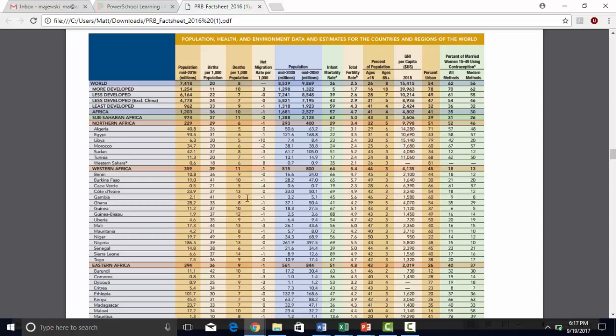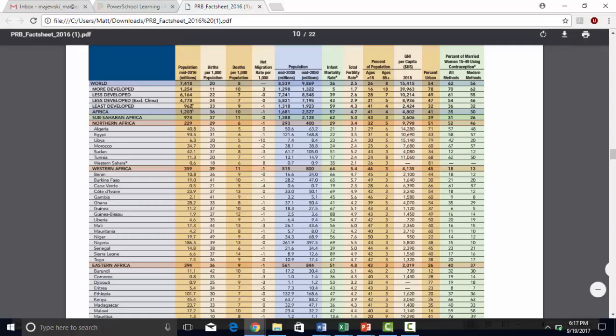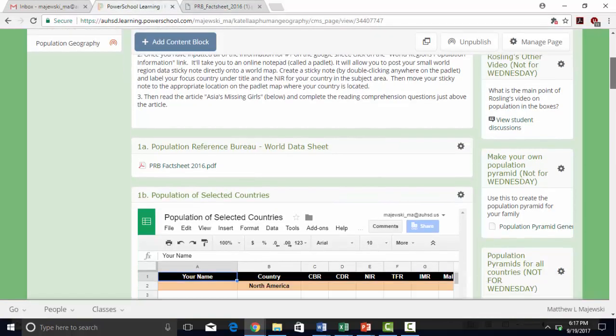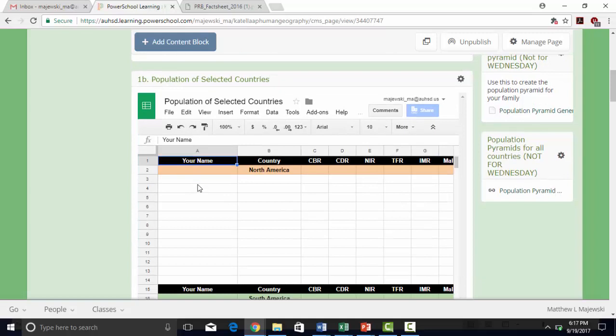Our rate of natural increase, we'd have to figure that out ourselves. 41 minus 9 is 32. You've got to move the decimal over. So our rate of natural increase would be 3.2%. All right, so what I'm going to do as I get this information is come down to our Google spreadsheet. I'm going to find the region that my country belongs to.